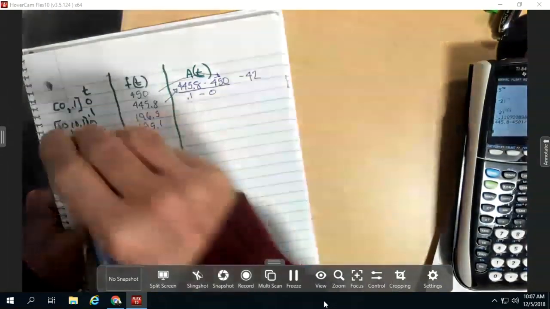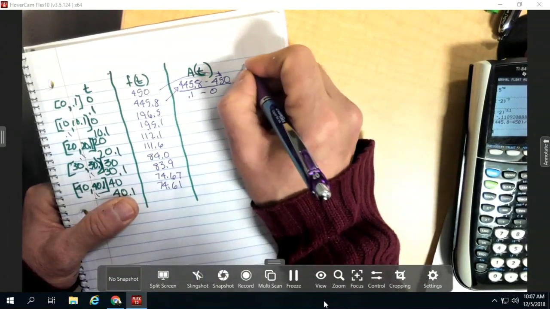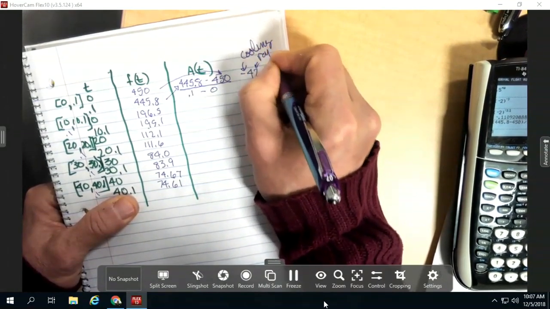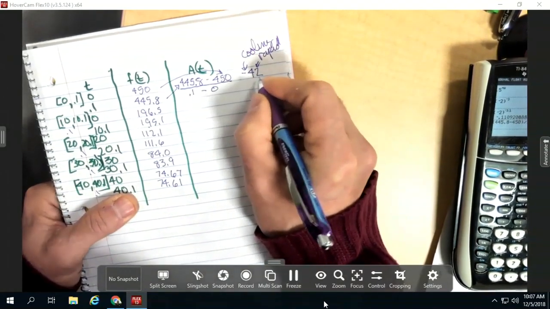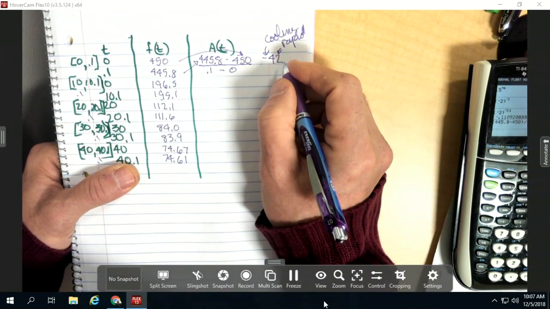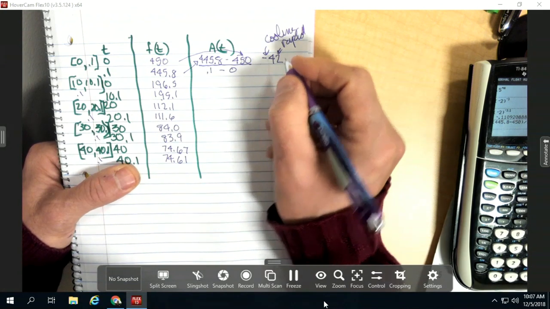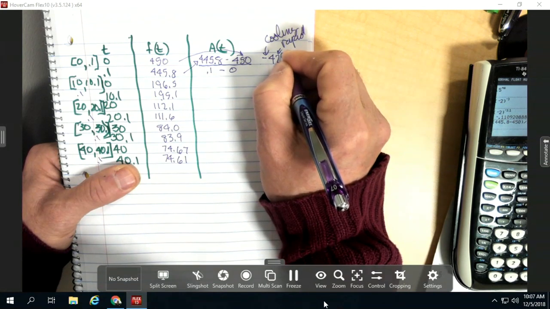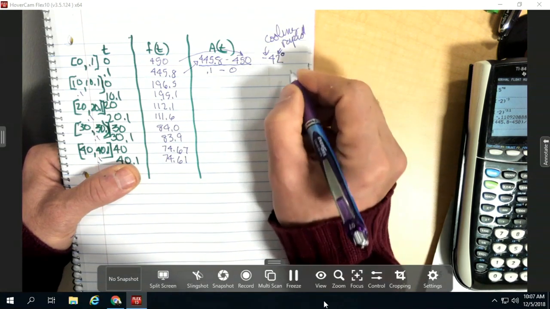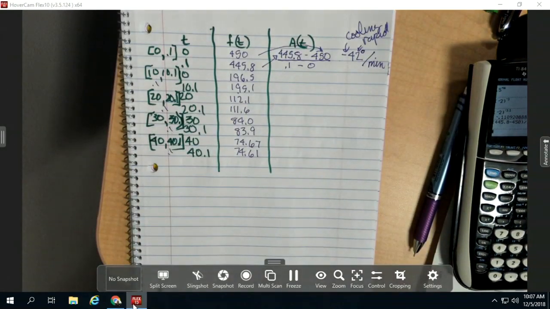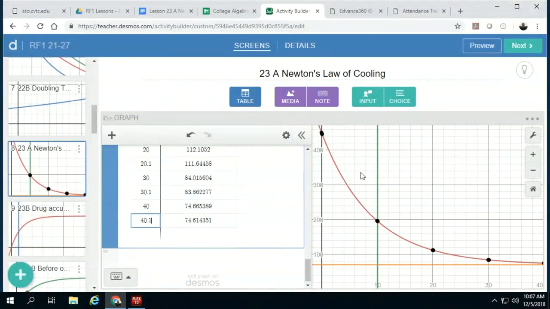So this is at 0, it's cooling, right? And it's cooling rapidly. And we would say negative 42 what? Degrees per minute. Now, I want you to think about the powerful nature that has.